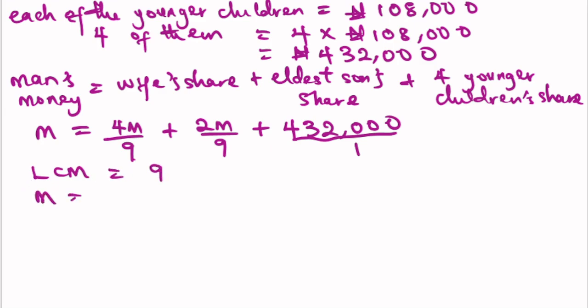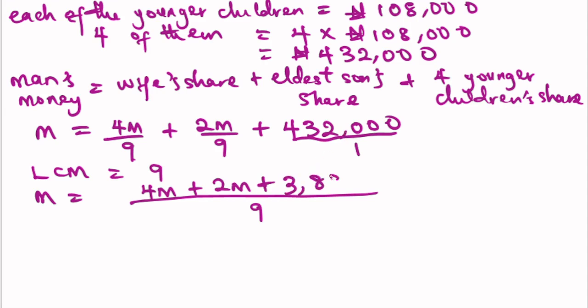So m equals, we now have a new denominator, which is the LCM, 9. 9 divided by 9 is 1. 1 times 4m, we have 4m, plus 9 divided by 9 is 1. 1 times 2m gives us 2m, plus 9 divided by 1 is 9. 9 times 432,000 gives us 3,888,000.